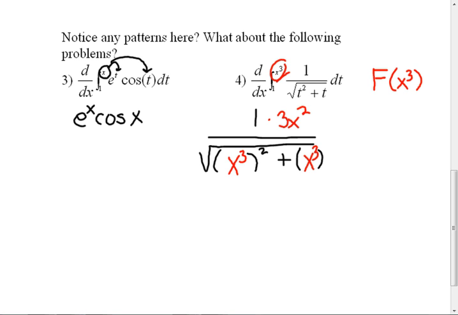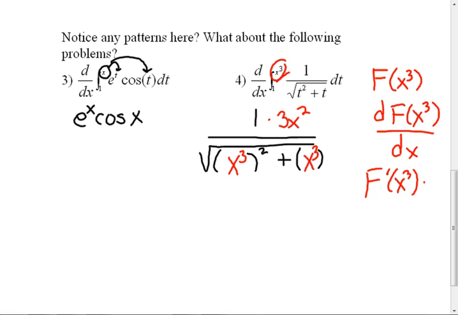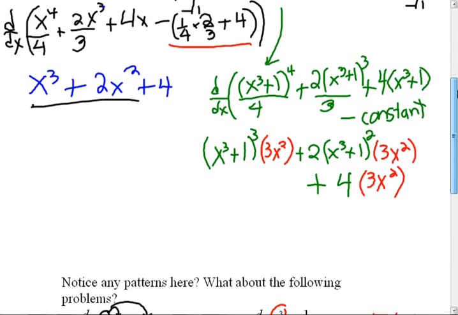So when I take the derivative of my antiderivative, evaluated at x cubed, then that would be f prime of x cubed times what? The derivative of the inside function, which is 3x squared. Which is the reason why I took the time and did this problem.